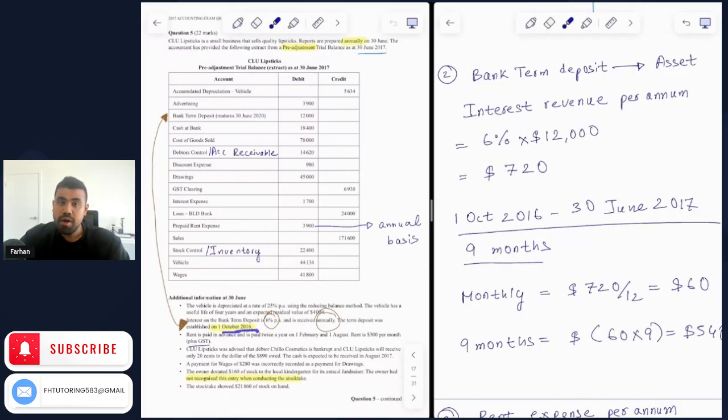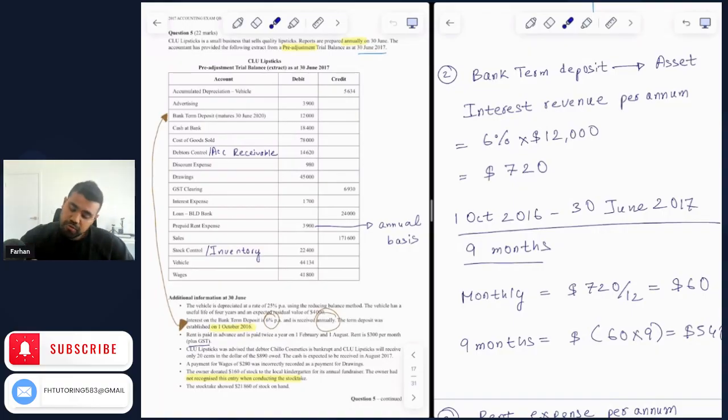Given that we're preparing the balance sheet adjustments at 30 June 2017, from 1 October 2016 until 30 June 2017, we have 9 months so far for this term deposit. So how do we know it's 9 months? It's October, November, December, January, February, that's 5 months, March, April, May, June. So that's 5 and 4, 9 months in total.